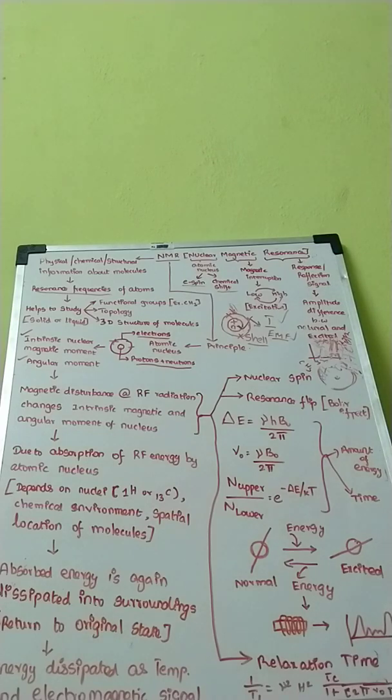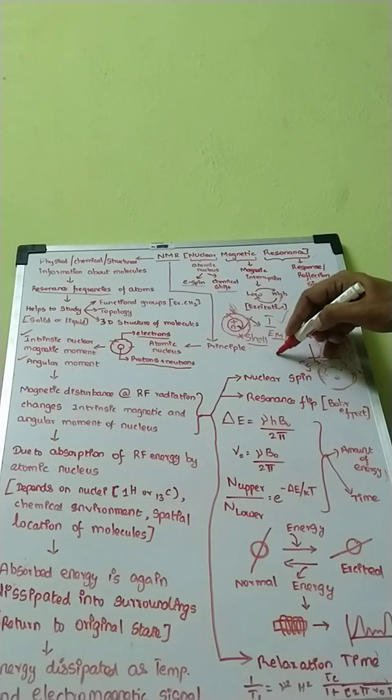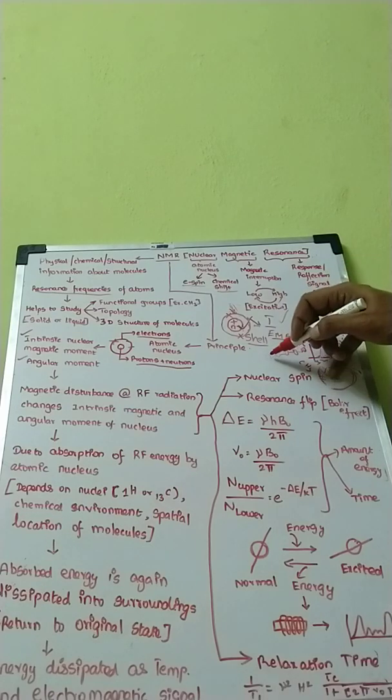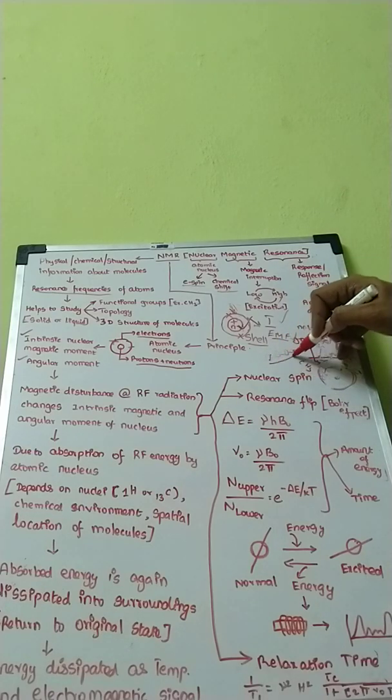And the third aspect, the 3D structure of molecules. By understanding each and every peak, I am trying to find the atom and its order. As you know very well, atoms together form molecules, and these molecules together form macromolecules. If I study individual atoms, I understand the molecular organization.